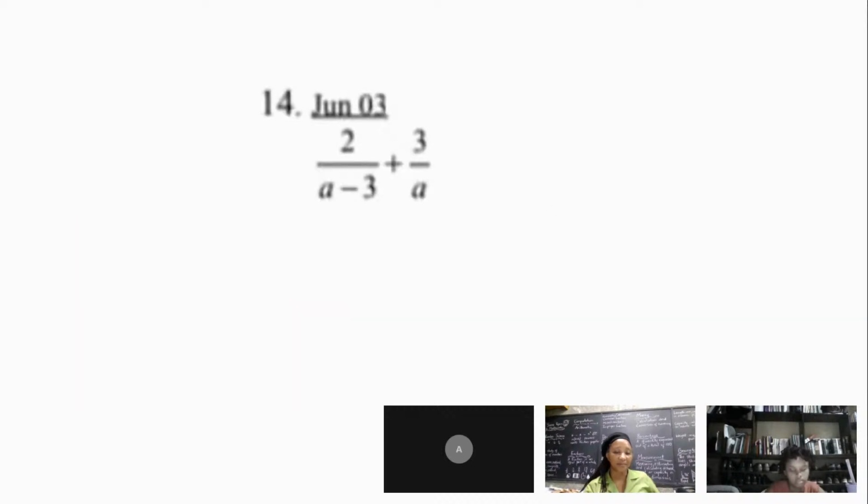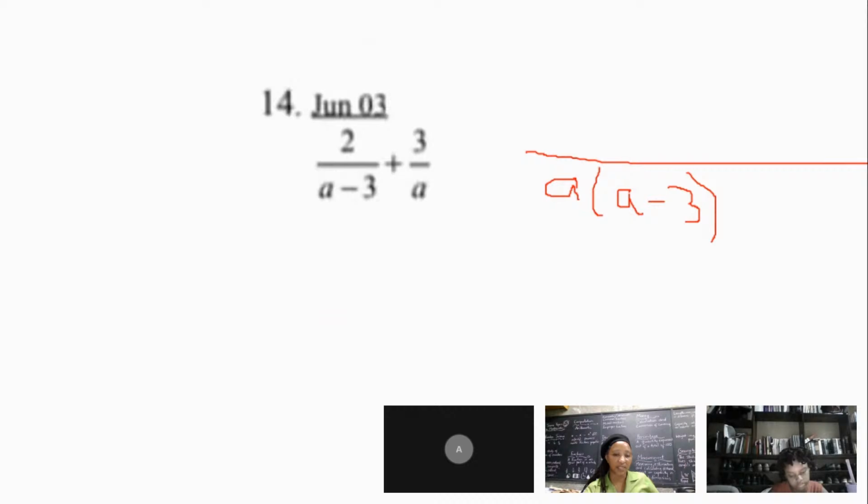All right, Asar, number 14. So the LCM would be a minus 3 multiplied by a, so a times a minus 3. And 2 into a minus 3 will go, a minus 3 into these.